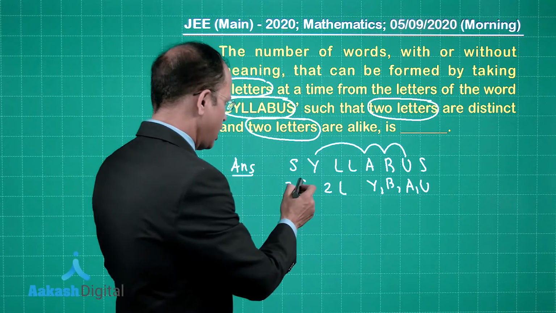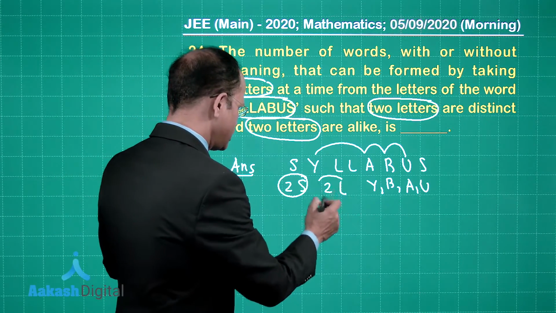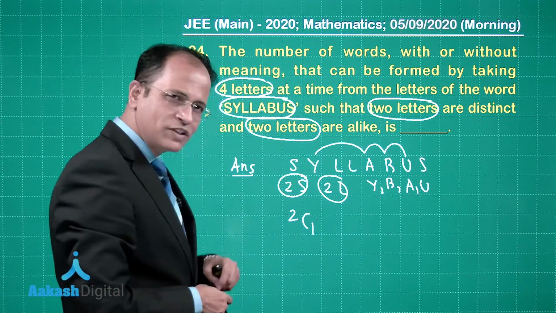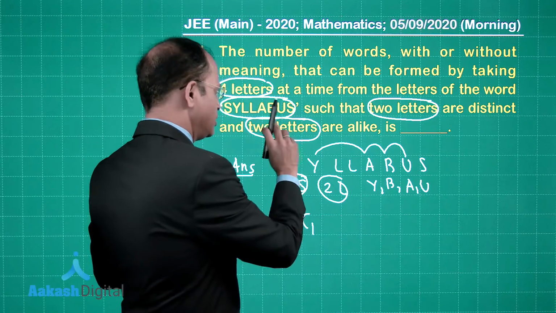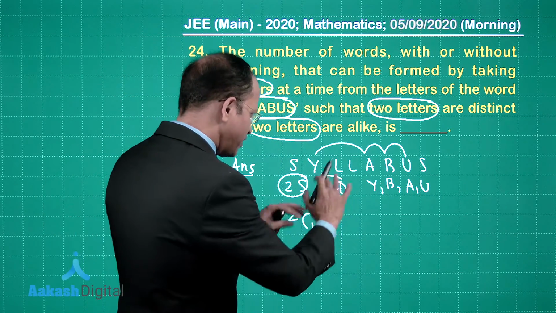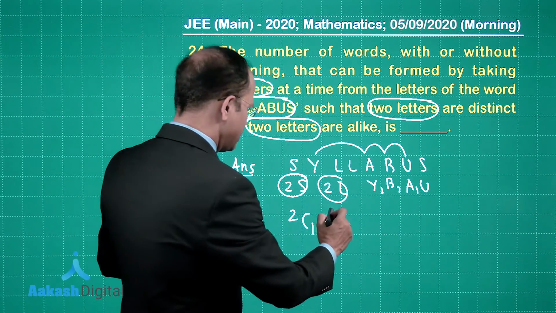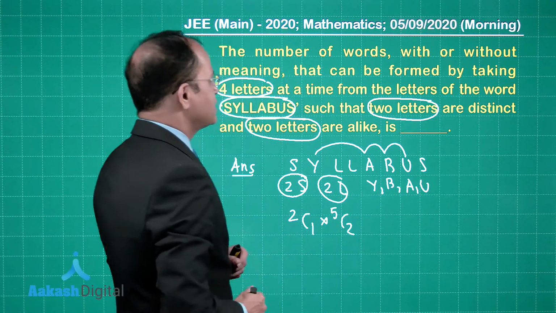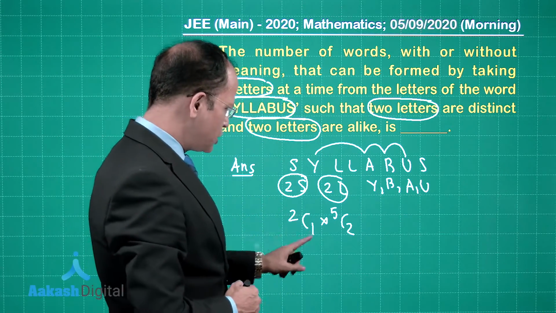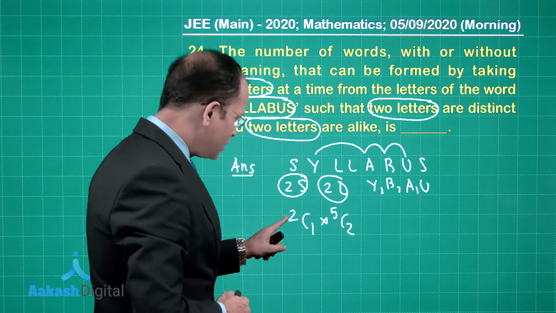So out of these 2 sets we can select one, that is 2C1. Once we have selected 2 alike letters, we are left with 5 letters now. So that can be done in 5C2 ways, because we have to select 4 letters. So 2C1 into 5C2.